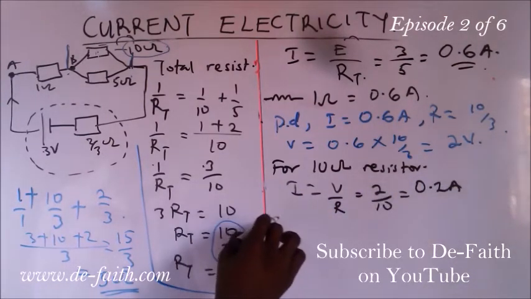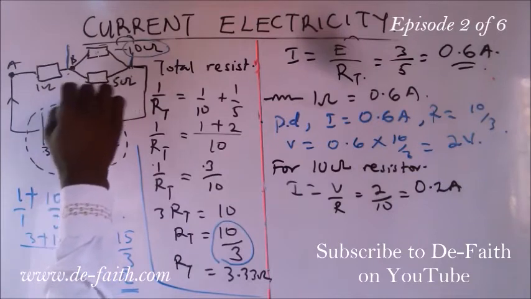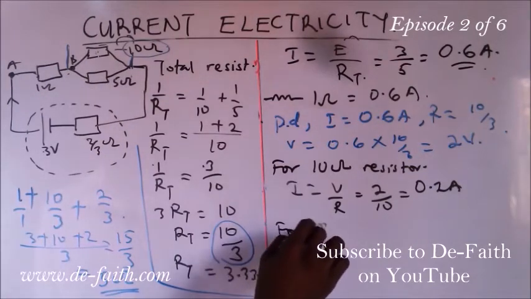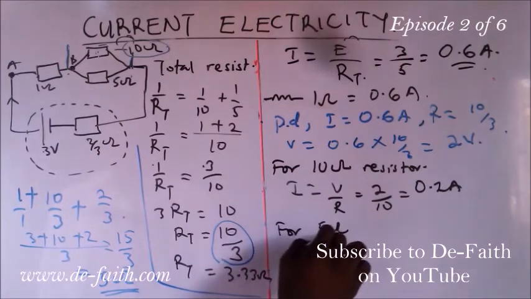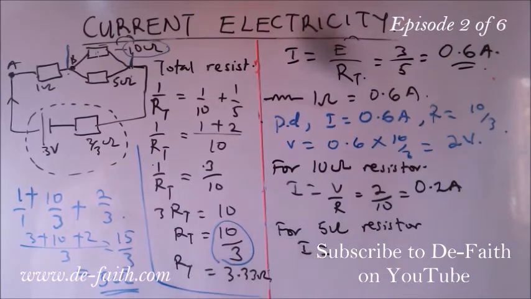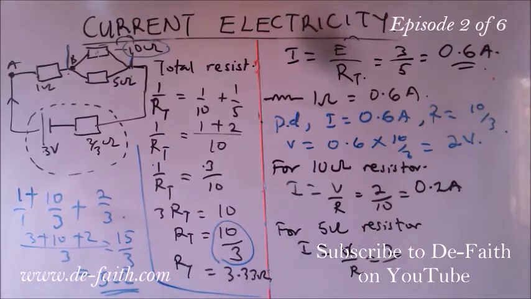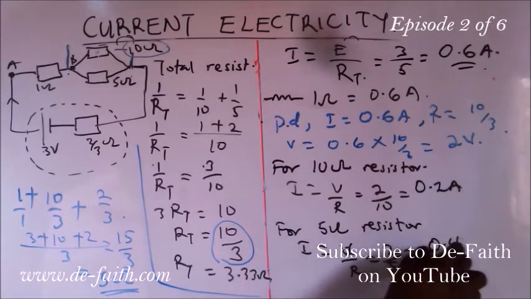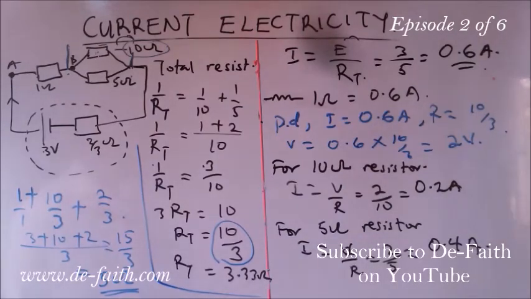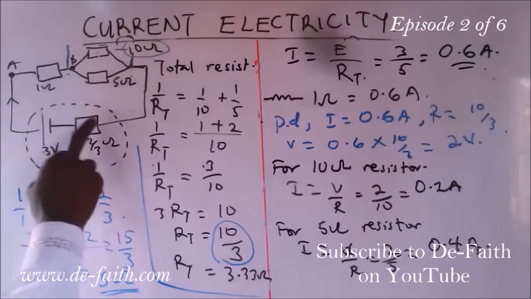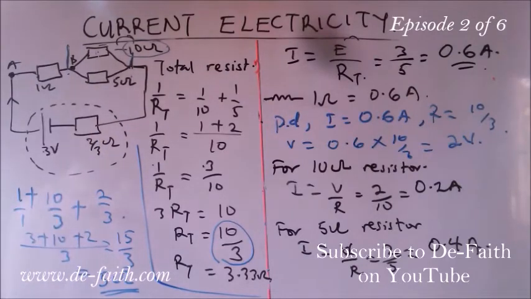Then for this second one, the 5 ohm resistor, the current will be the potential difference, which is 2, over the resistance, which is 5, and that will be 0.4 ampere. From here, we have calculated the current flowing through the 1 ohm, 10 ohms, and the 5 ohms.